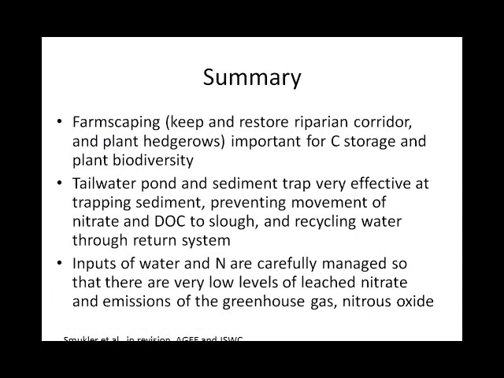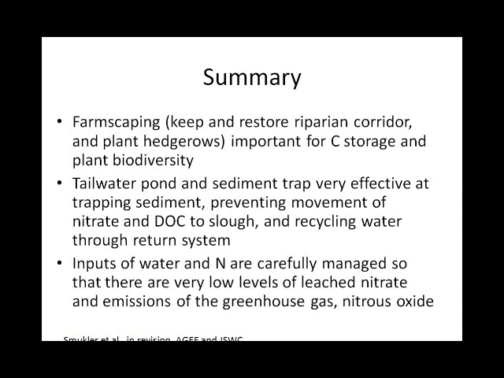So the summary from this farmscaping study is that this idea of keeping and restoring riparian habitat and planting hedgerows is important for both carbon storage and plant biodiversity. That having the tailwater pond and the sediment trap was a really effective way to trap sediment.